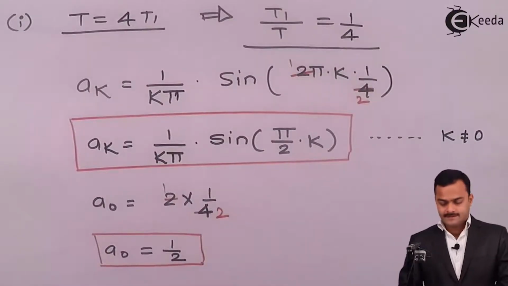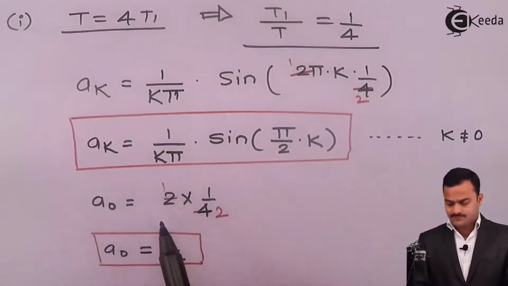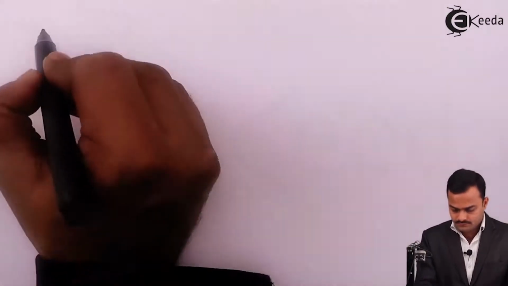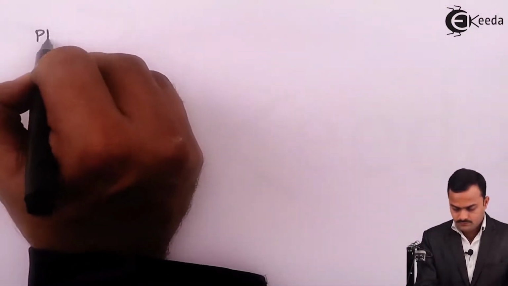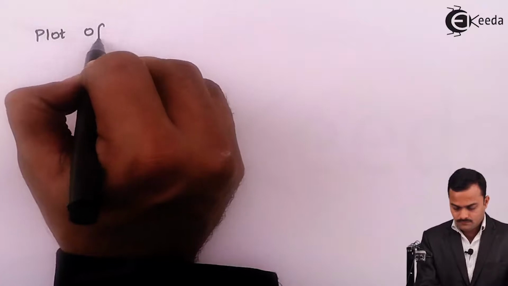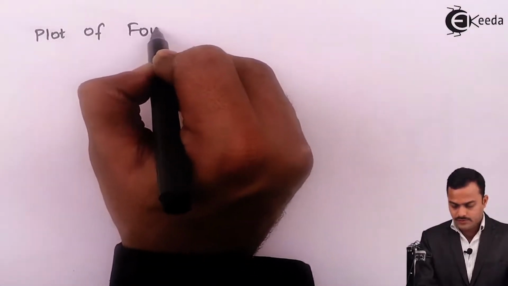Now let's plot this for different values of k. Remember k is an integer. So let's plot ak, which is nothing but the Fourier series coefficient.